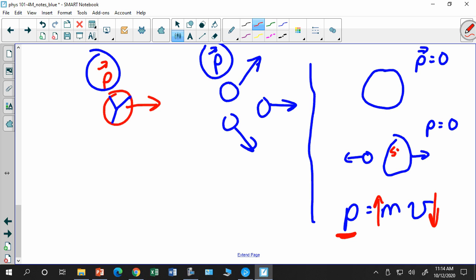So this has the small v, it's slow, and this has the big v. It's really fast. I mean, you thump a speaker and it doesn't do hardly anything, but if I thump a piece of paper, it goes a lot faster. I impart the same force, so I get the same change in momentum, but one has a bigger mass, so it goes at a bigger speed.